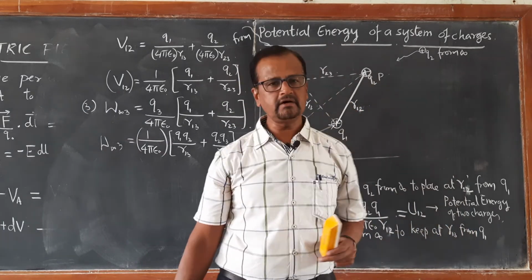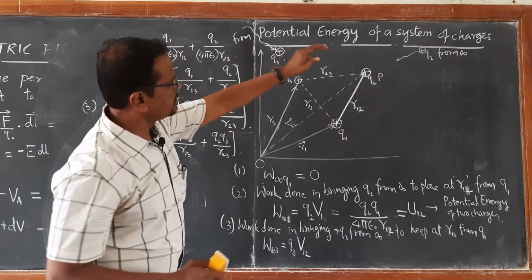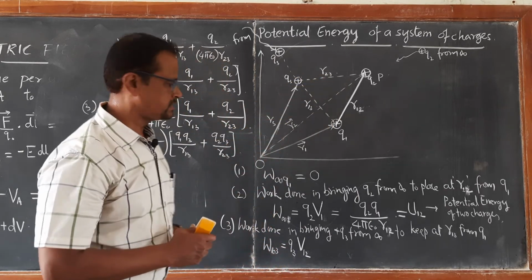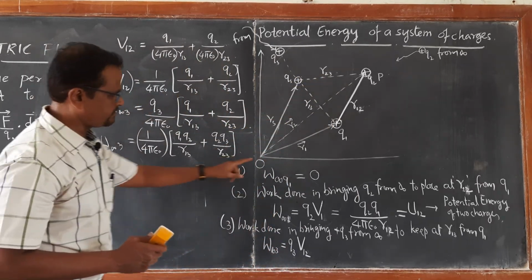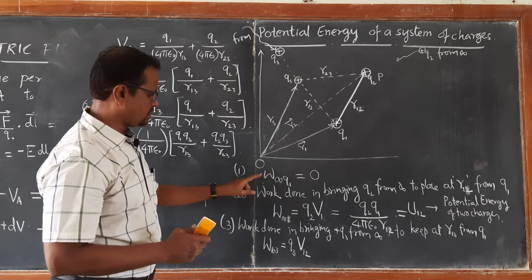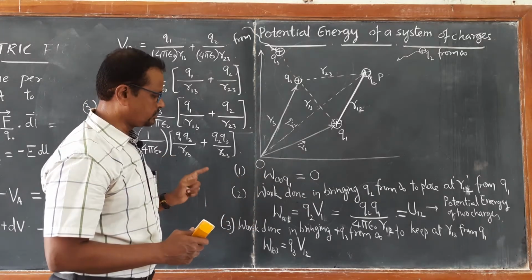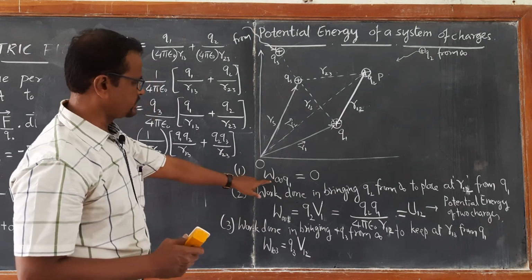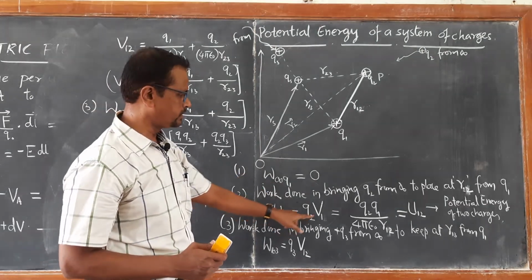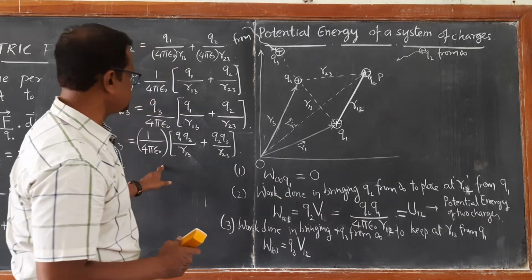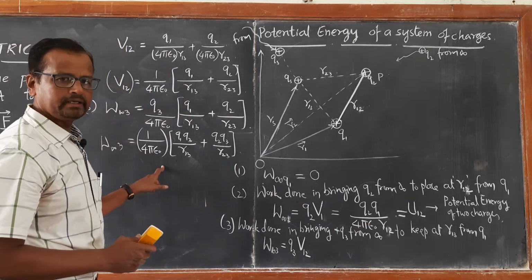So the potential energy of the system of these three charges in assembling at these three positions is the sum of all these three: 1, 2, 3. So the first one is 0, the second one is U12, that is Q1 Q2 upon 4 pi epsilon naught R12, and the third one is this, right?